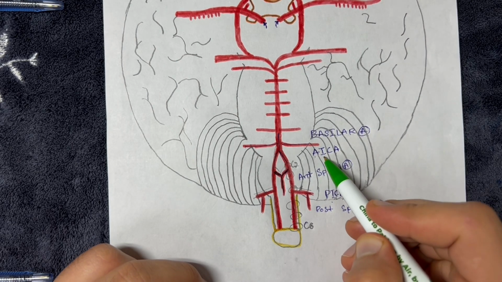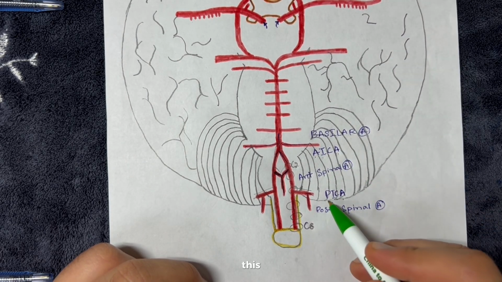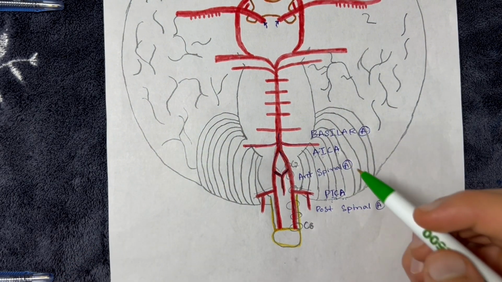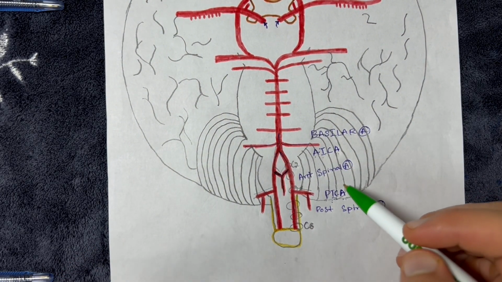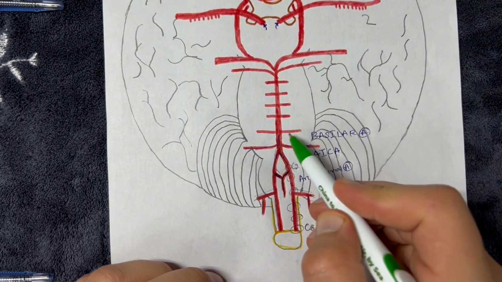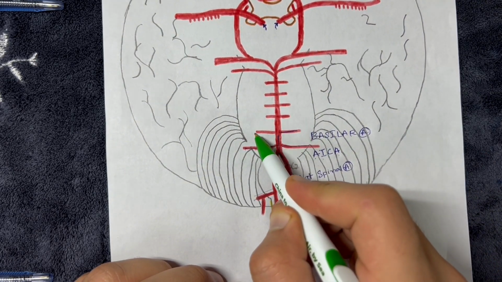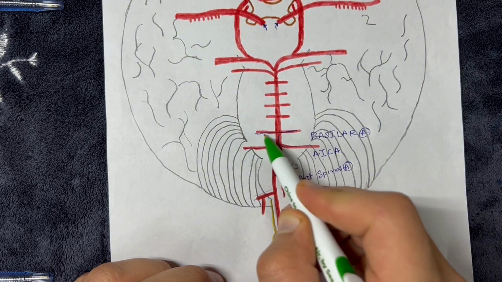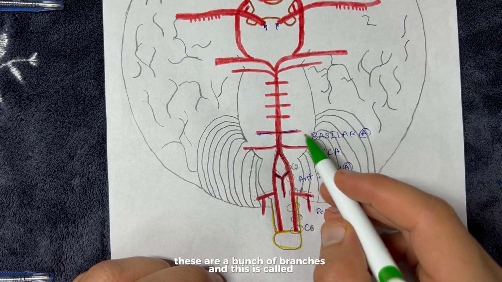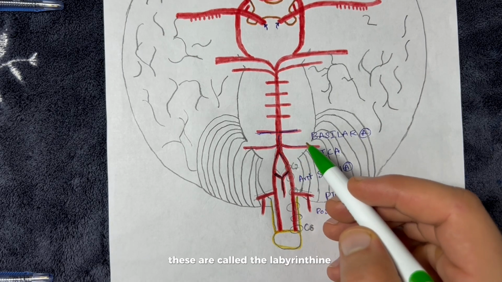This is the anterior inferior cerebellar artery. This was the posterior inferior cerebellar artery. So the inferior part of the cerebellum is done here. Now moving upward, the basilar artery will give more branches, a bunch of branches, and these are called the labyrinthine arteries.